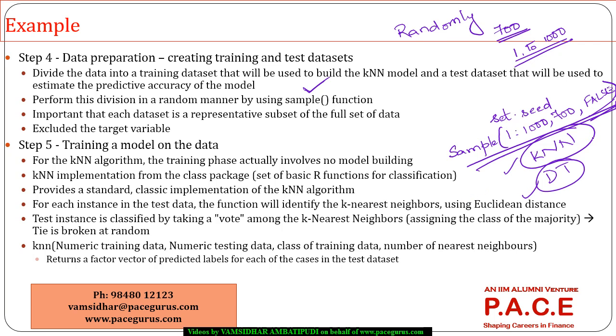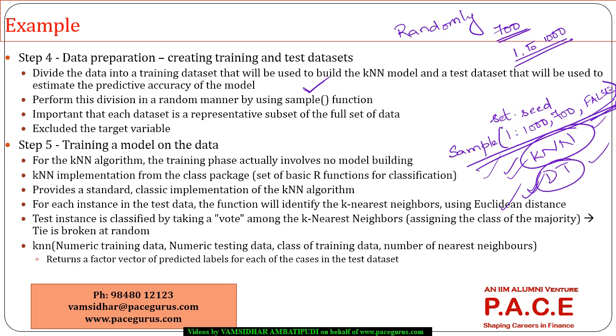In that case, I don't want a different 700 to build this model and a different 700 to build that model. I want the same set of random 700 to build both models. The same 300 should be used to test both models, so that the randomness of the data will not cause a bias in my decision process.